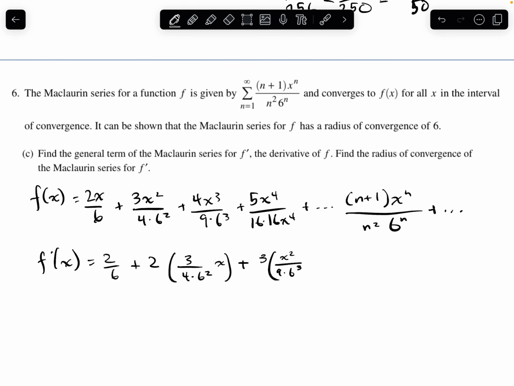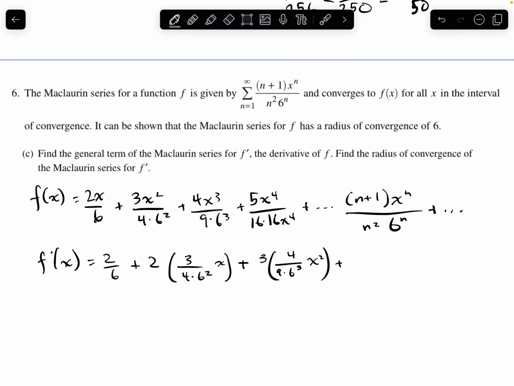Or if you want to, you could just write this as 3 times 4 over 9 times 6 to the third times x squared plus, and this is just going to keep on going.